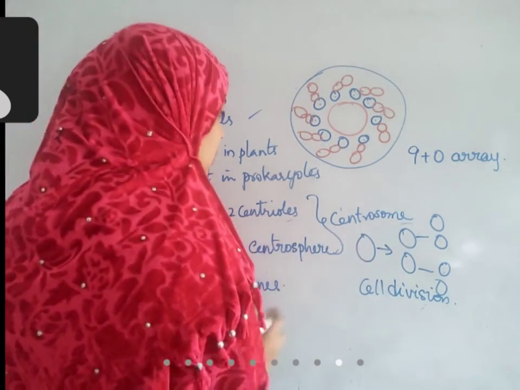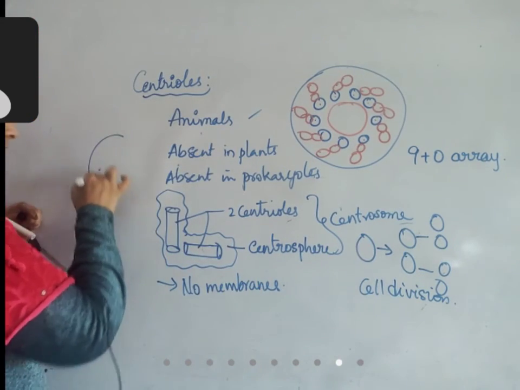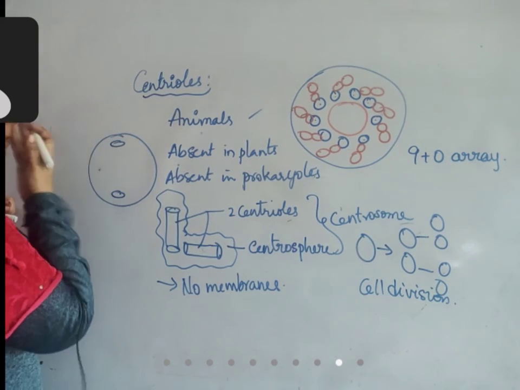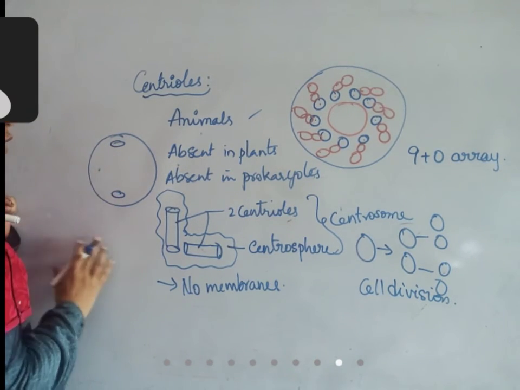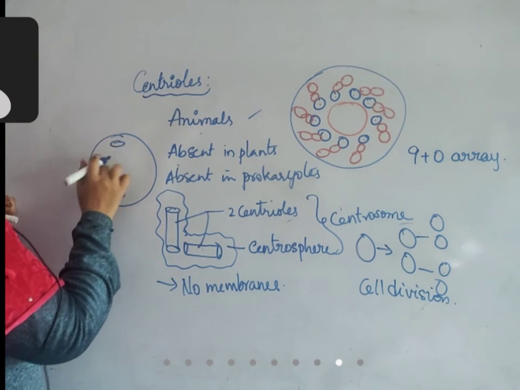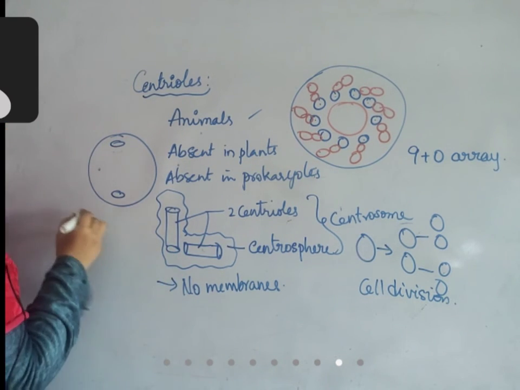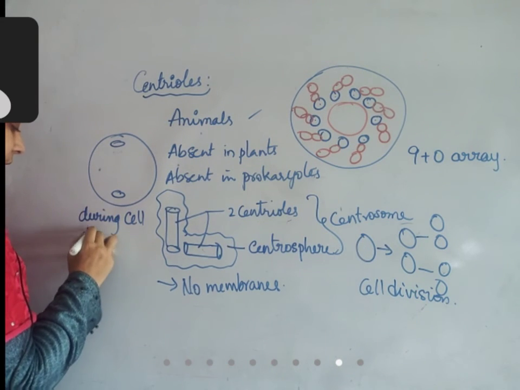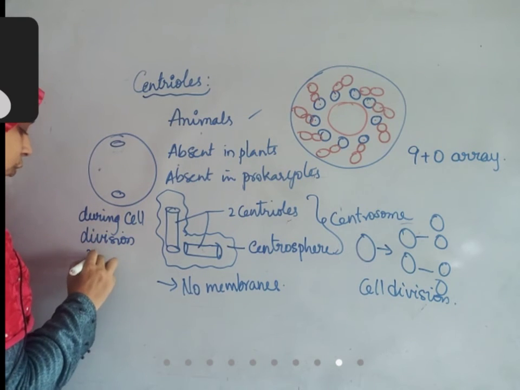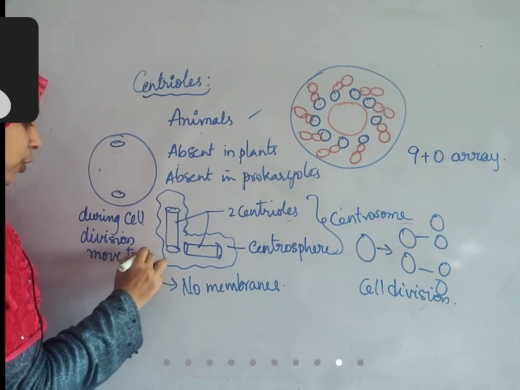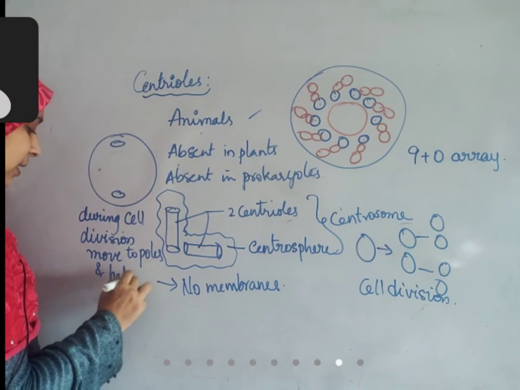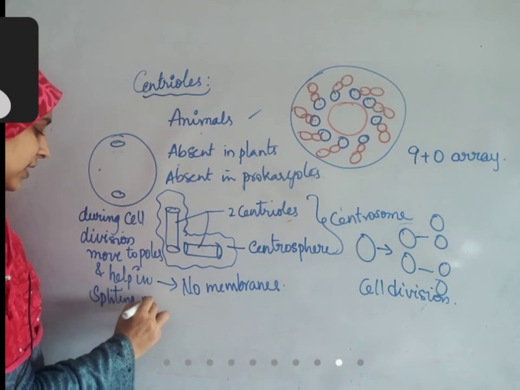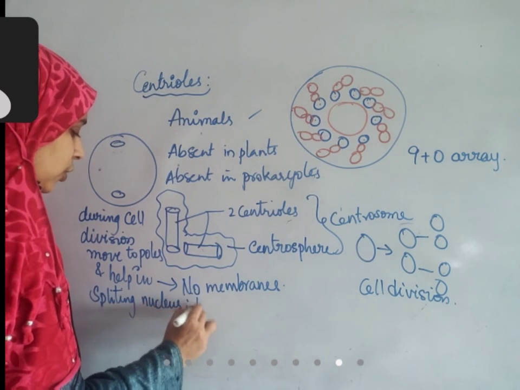So during this cell division process, what these centrioles do is, this is one cell. They move to the corners and they help in splitting of the nucleus into 2. Okay. So the centrioles during cell division move to the poles and help in splitting the nucleus into two.